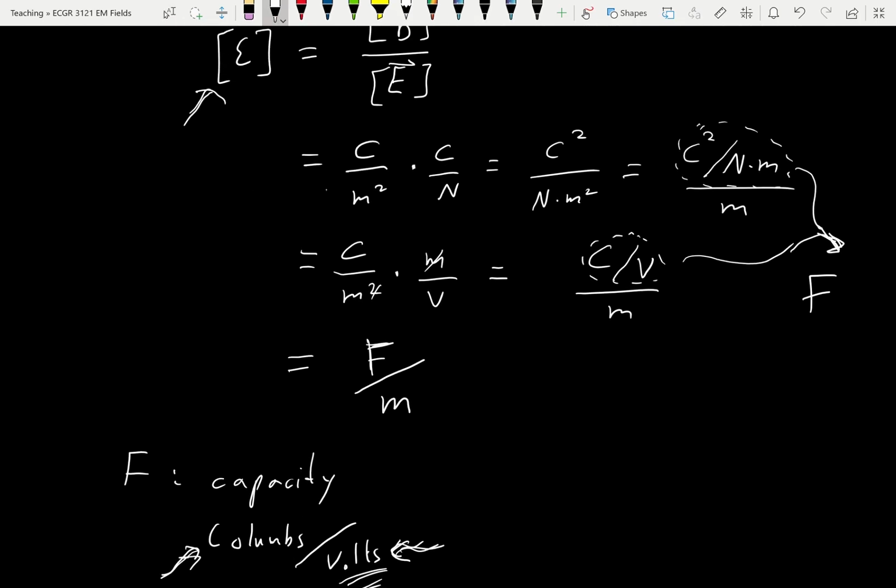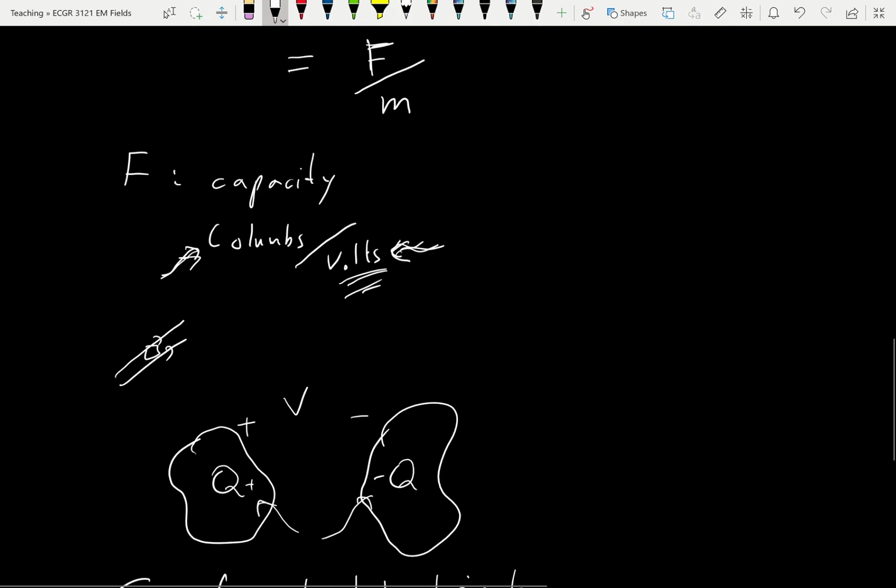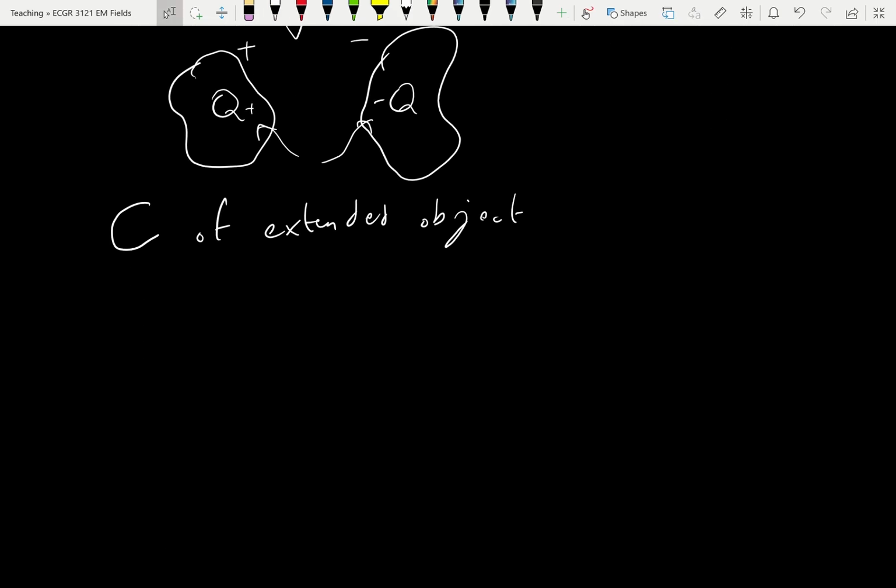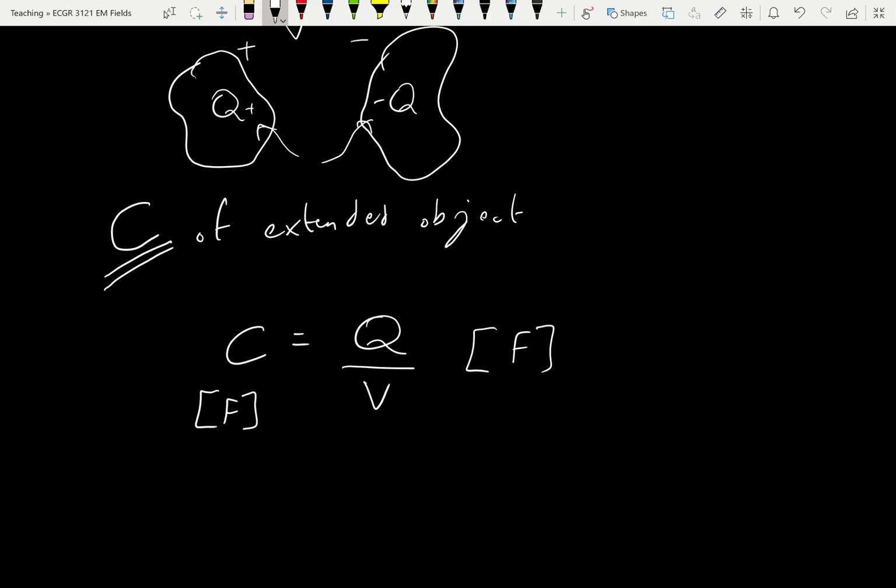And by looking at the units of the farad, I can deduce clearly that the property of the extended object called the capacitance is just Q over V. We can deduce that from the units: the farad has units of coulomb per volts, where coulomb is Q and volts is V. So this is the capacitance of an extended object: the total charge in that extended object over the voltage.